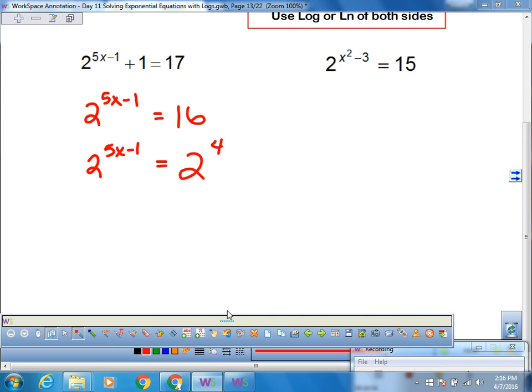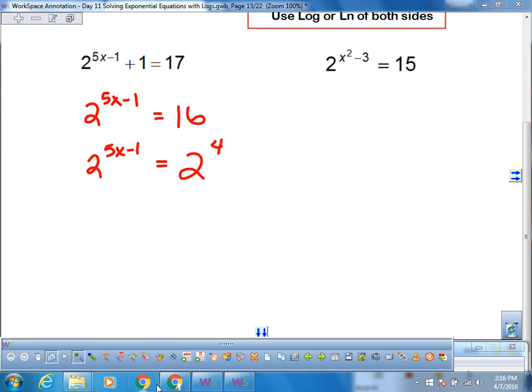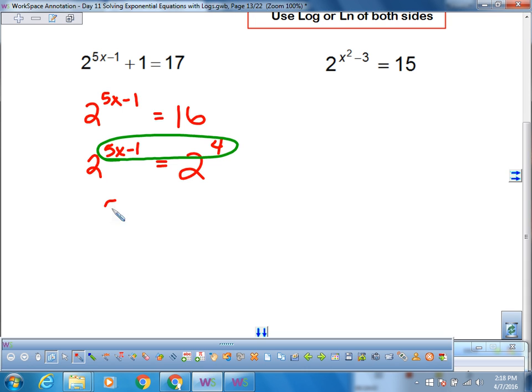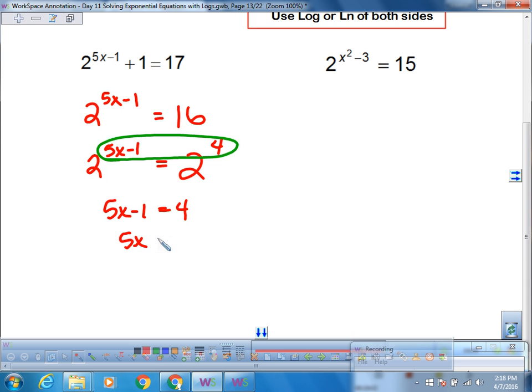Why would I log and hurt myself? So now I have 5x minus 1 equals 4, and 5x equals 5, so x equals 1. And I can actually check this one. 5 times 1 is 5, minus 1 is 4, 2 to the 4th is 16, plus 1 is 17. Did we get it right? Yeah. The beauty of math is check your work.